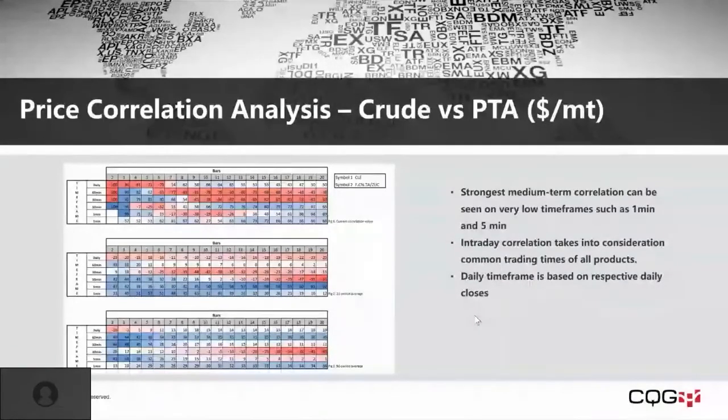Now, what we can see is that the top, the figure 1 chart, shows us the current value of that correlation. So obviously what we're trying to find is a higher correlation, which will be highlighted in blue, which will show high correlation. The red will show decorrelation, and the white section will show uncorrelation.